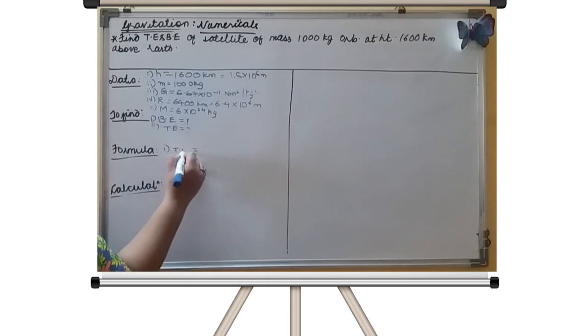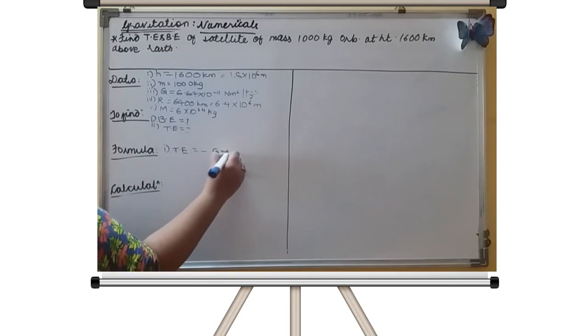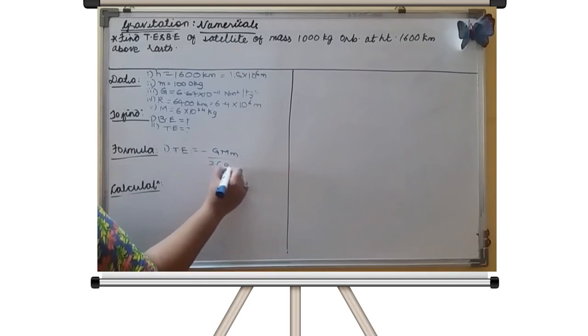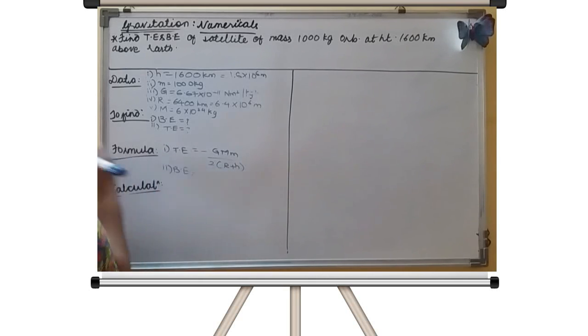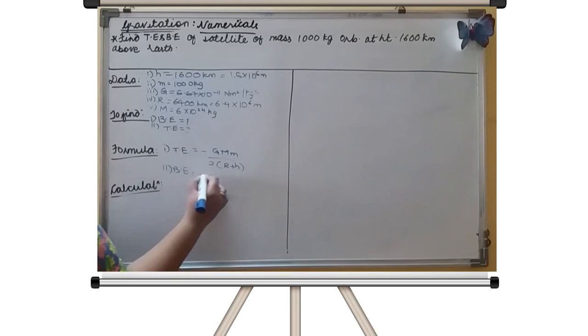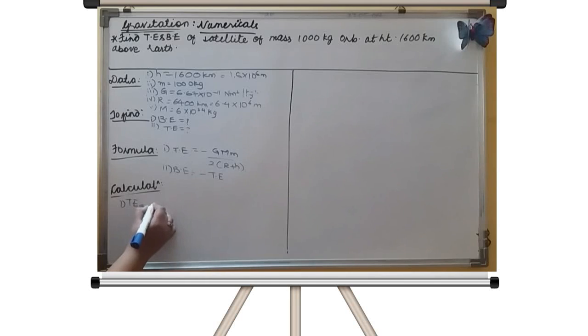Total energy first, minus GMm upon 2 into R plus H, and for binding energy it is minus of total energy. What we got, G is 6.67 into 10 raised to minus 11 into, what is M? 6 into 10 raised to 24. What is small m? 1000 kg.